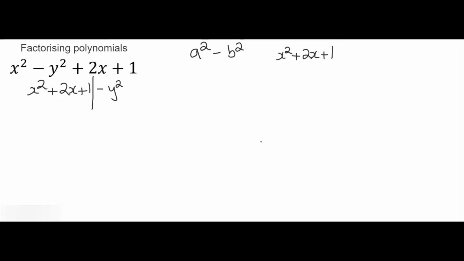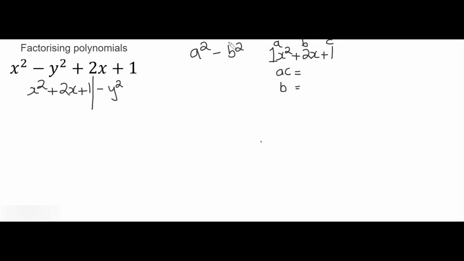In order to factorize by breaking the middle term, we'll need to find the value of AC and B. The value of AC is the constant in front of x squared, which is 1, multiplied by the number C. This has the A value, this has the B value, and this has the C value.